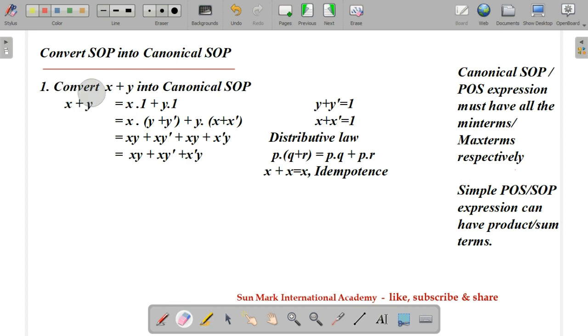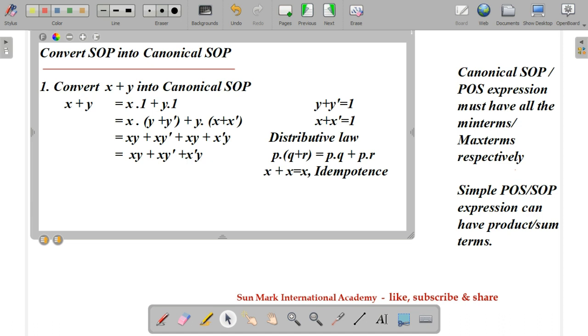So this one is known as SOP, and we need to convert it into canonical SOP. Here we are adding the missing term as 1. Multiply x dot 1 equals x. Which Boolean algebra law are we using when we write x into 1 equals x?